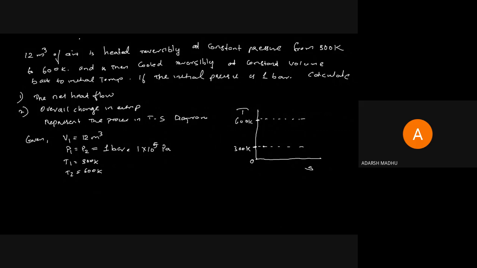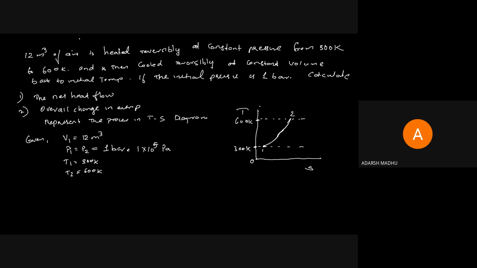Taking entropy as 0 initially, the constant pressure process, 1 to 2, constant pressure heat addition from 300 Kelvin to 600 Kelvin, has this slope on the diagram. Thereafter, it is cooled reversibly.